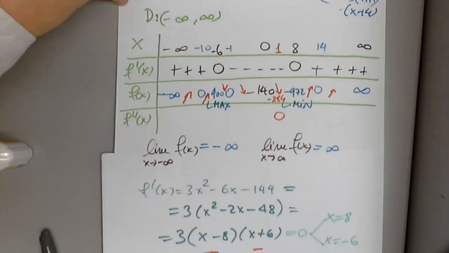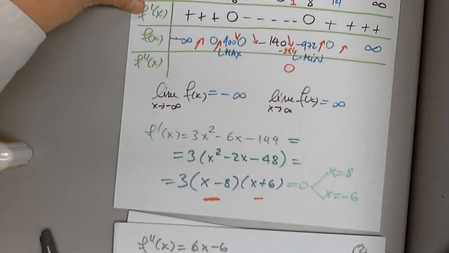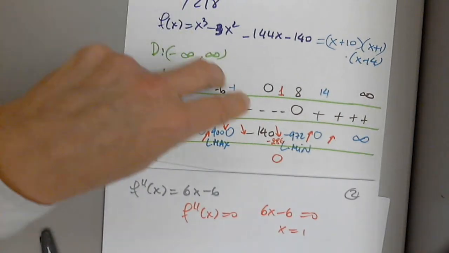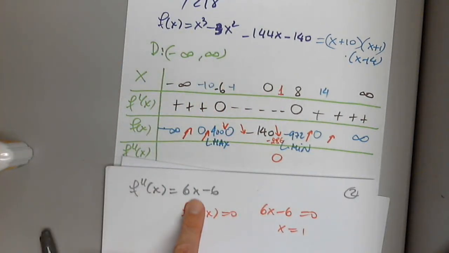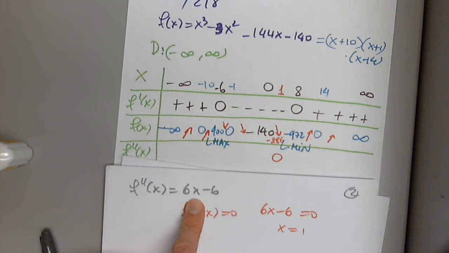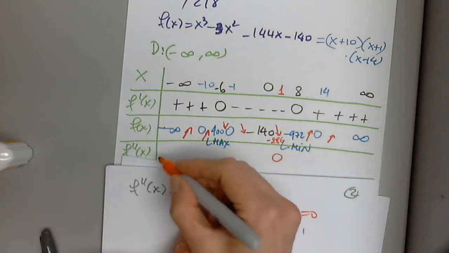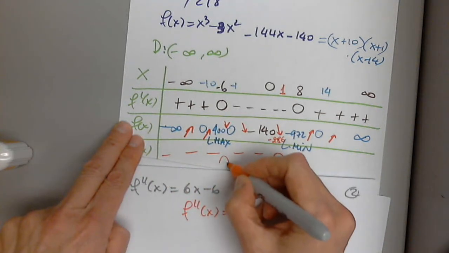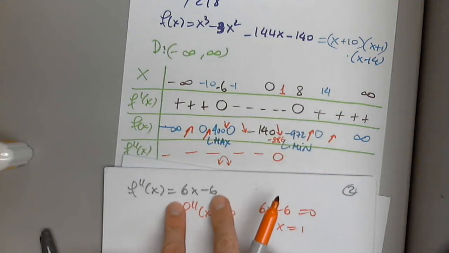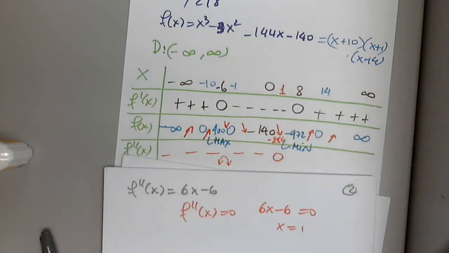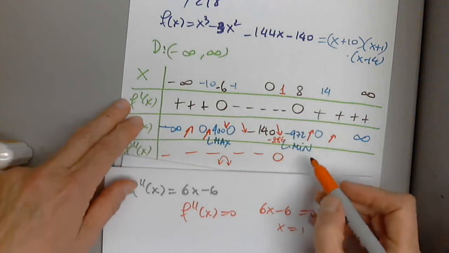Good. Now I have to study the sign of the second derivative. So can you plug in a number to the left of 1 in this expression and just tell me the sign? Negative. Of course. Which means this. And please plug in a number in the second derivative, to the right of 1, any number you want, and just give me the sign.